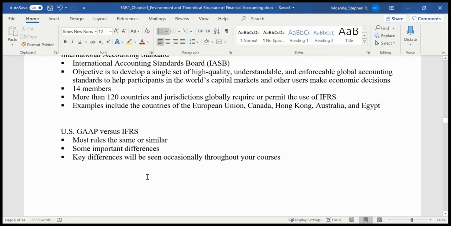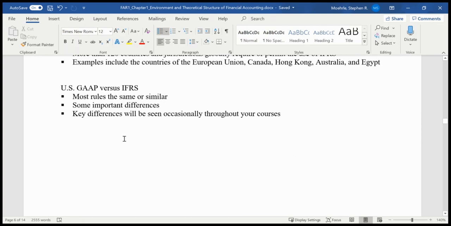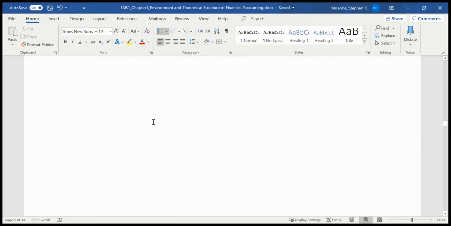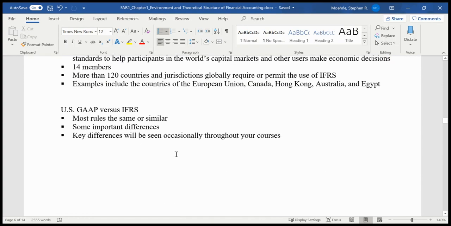If you take Financial Accounting and Reporting 4 with me, I have a module that summarizes all of these differences and teaches us how to adjust for the differences. And of course, within these courses, your professors will also refer to these differences and talk a little bit about them.